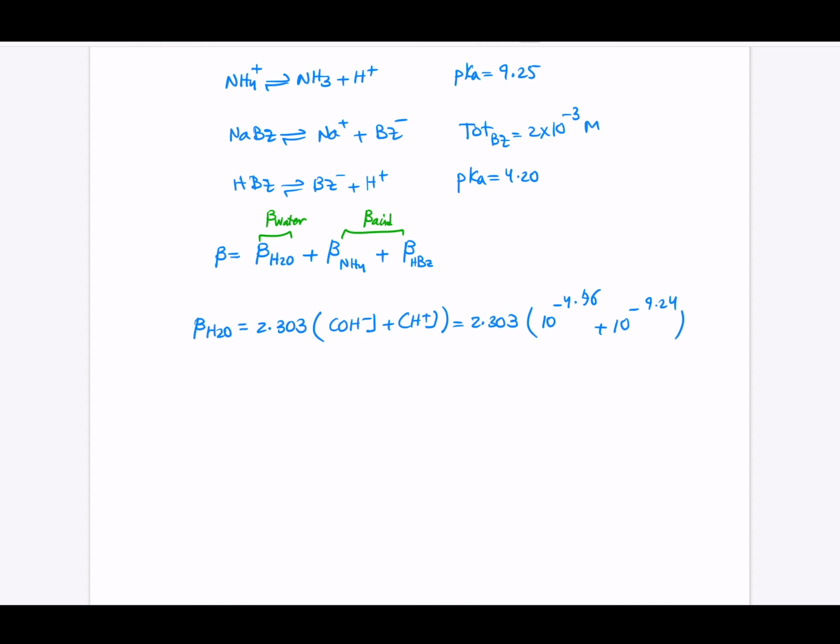This would be equal to 0.04 milliequivalent per liter per unit of pH. So that's the buffer intensity contribution of water.